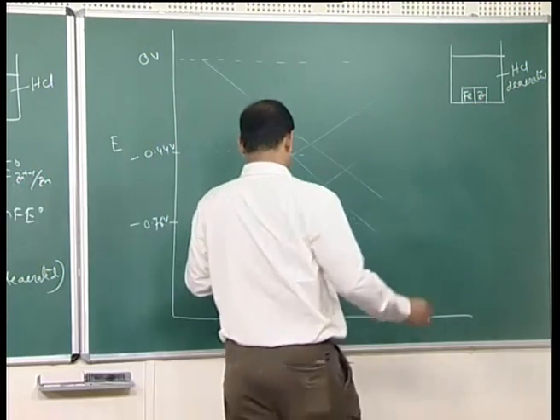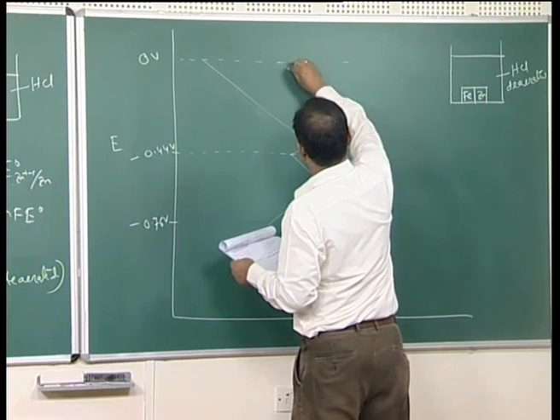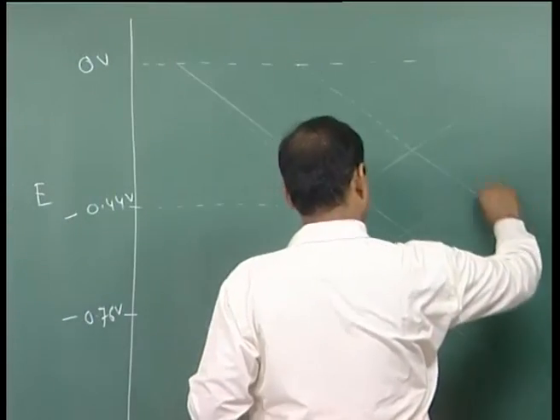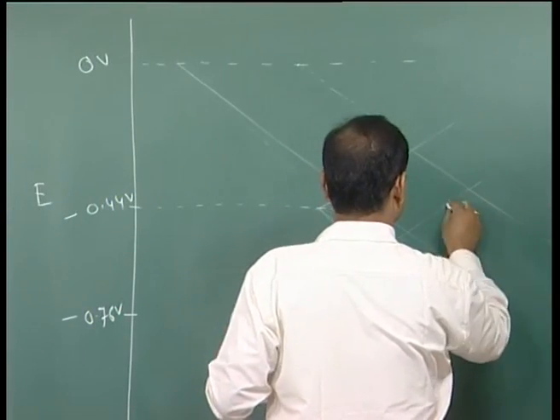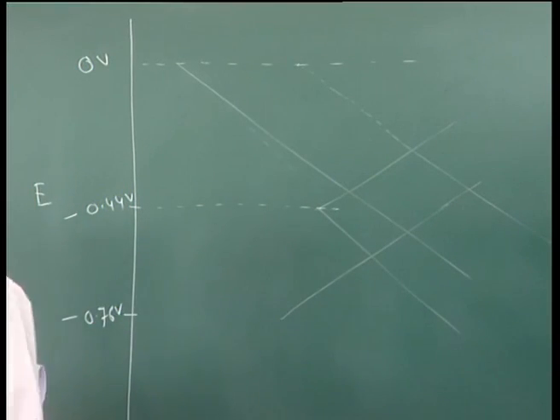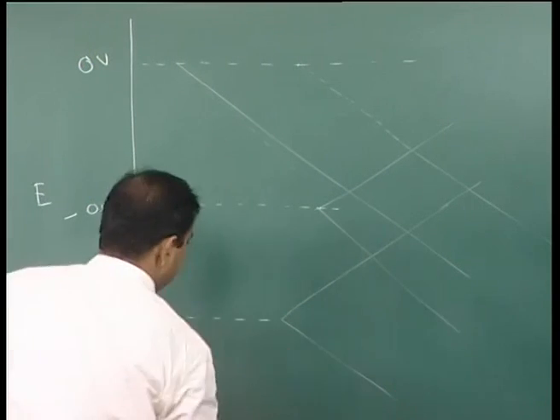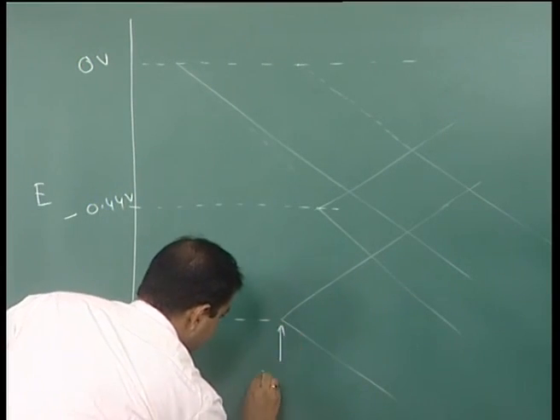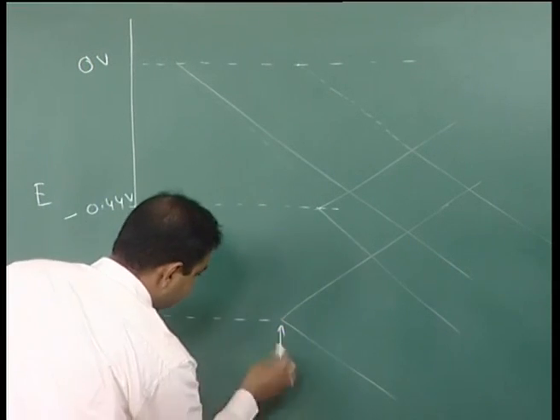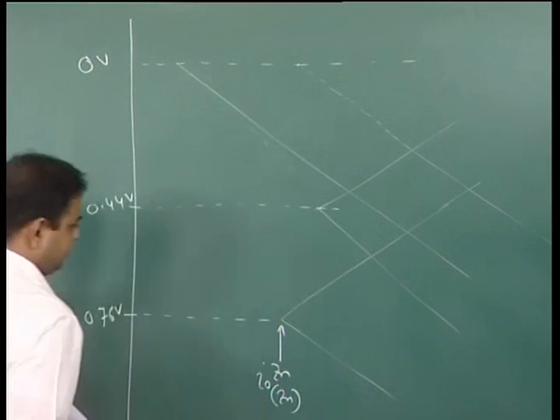Now, again this point, which is, okay. Now, this is my I 0 for zinc.